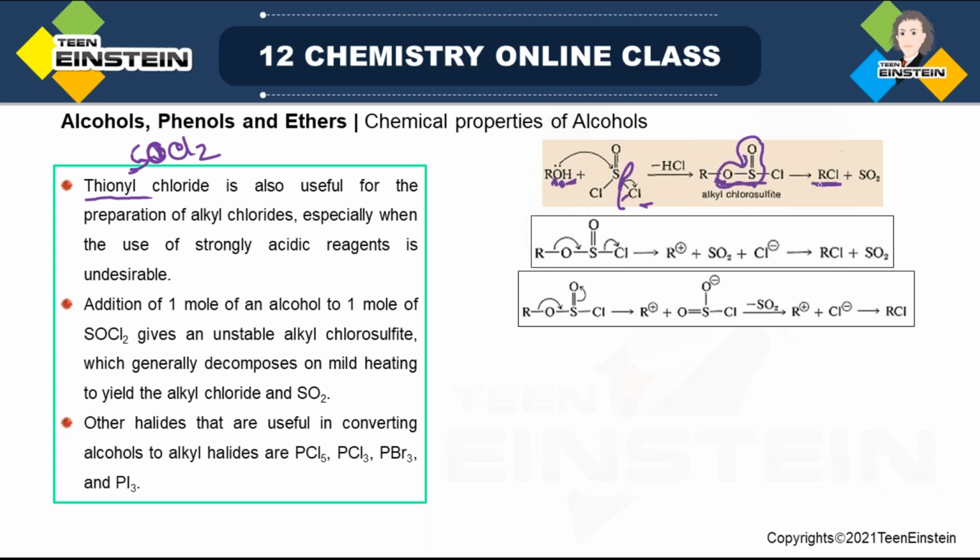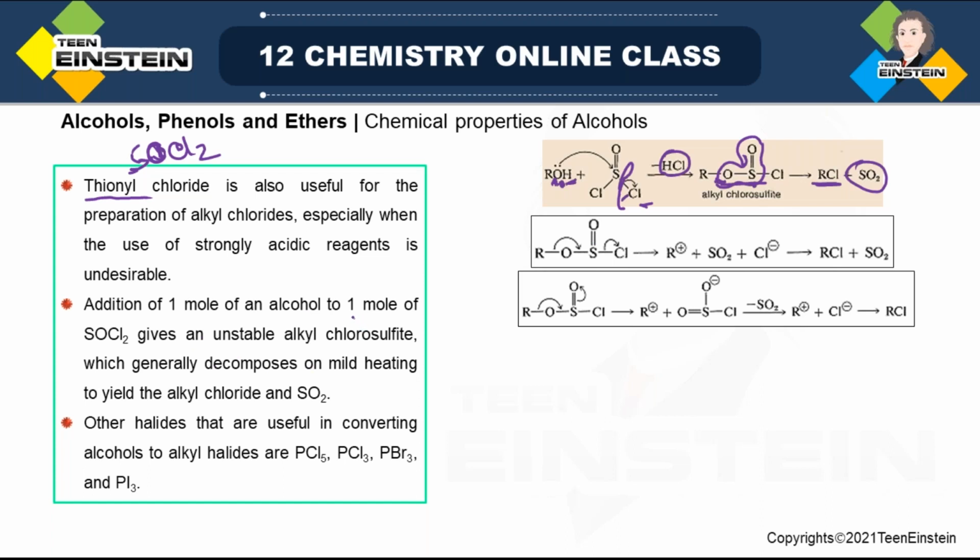What we are getting is RCl and SO2. The byproducts are HCl removed in the first step and SO2 produced in the second step. So the net reaction is ROH plus SOCl2 gives RCl plus HCl plus SO2.